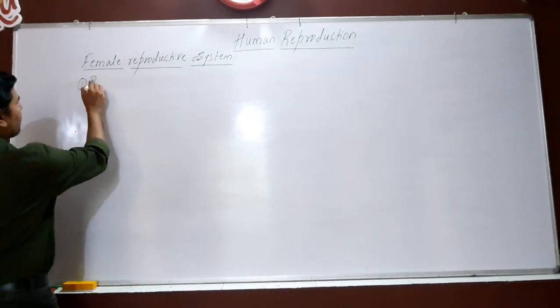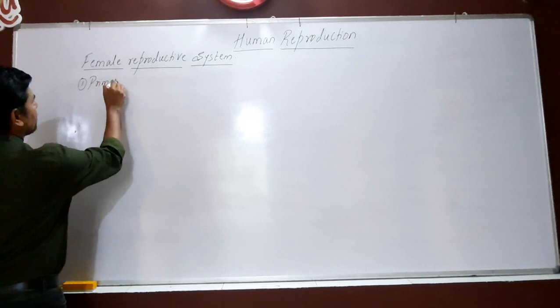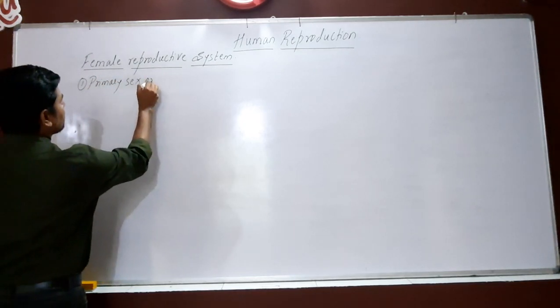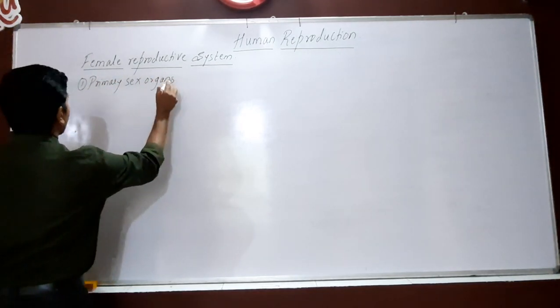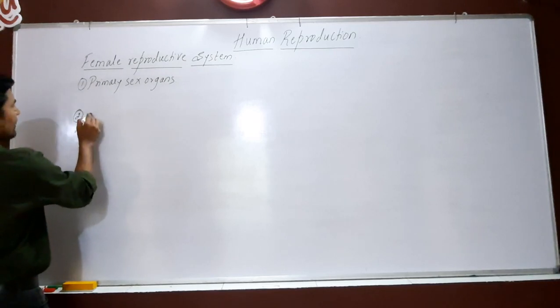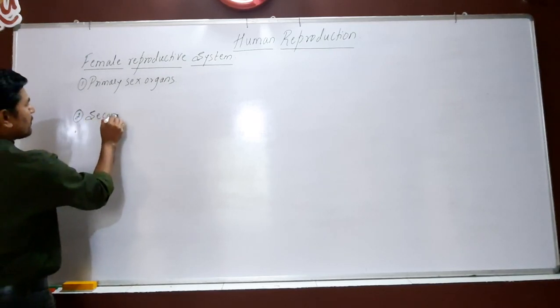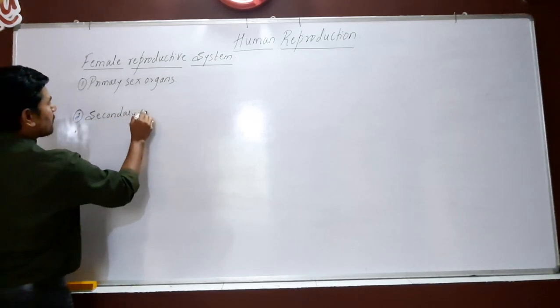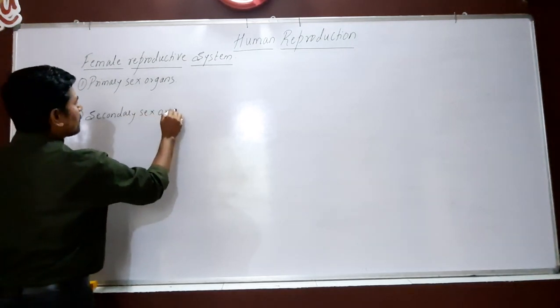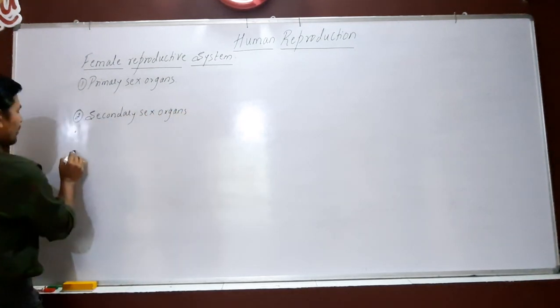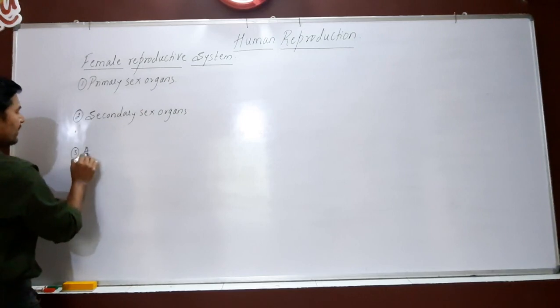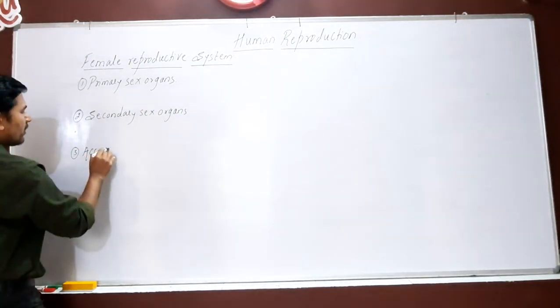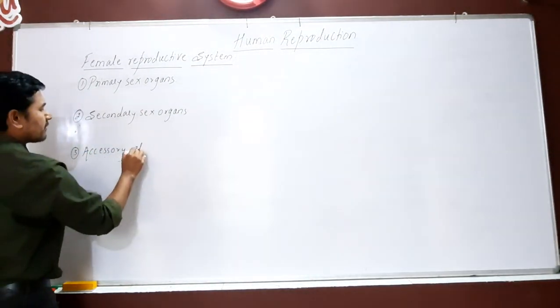The first one is a primary sex organ. The second one is a secondary sex organ. And the third one includes accessory ducts or accessory glands.